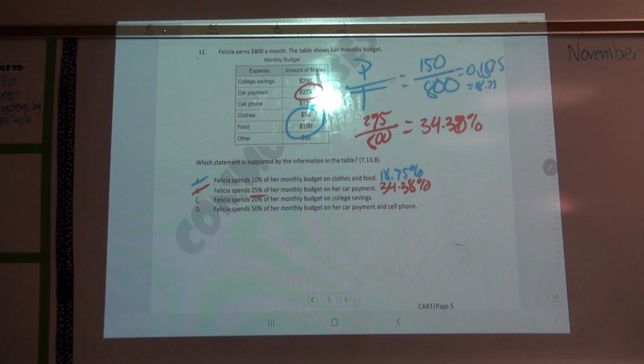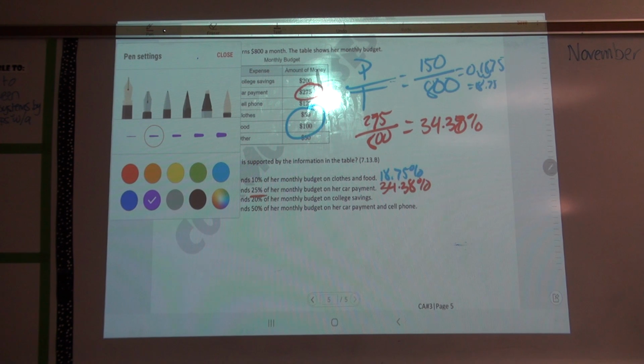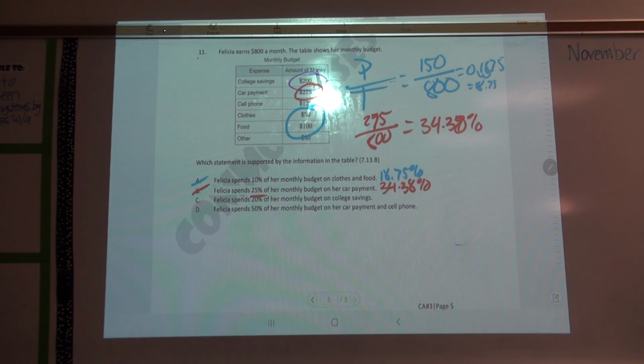It says 20% on college savings. That's 200. So again, 200 over 800. This is 0.25, so 25%. Is that what it says right there? No. Nope. So let's look at D, the last one.